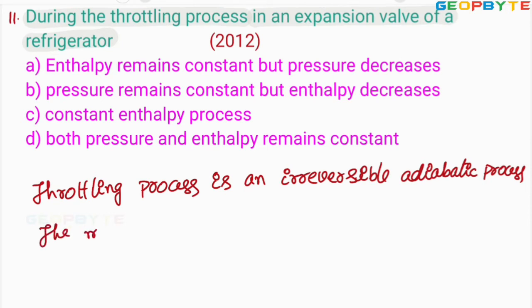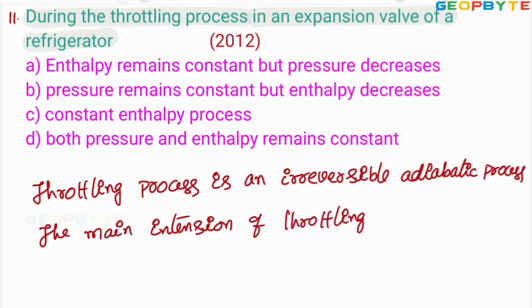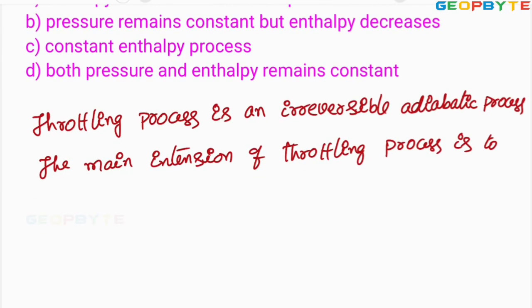The main intention of the throttling process is to drop the pressure. One more important point, the pressure is dropping in the throttling device because of the friction.